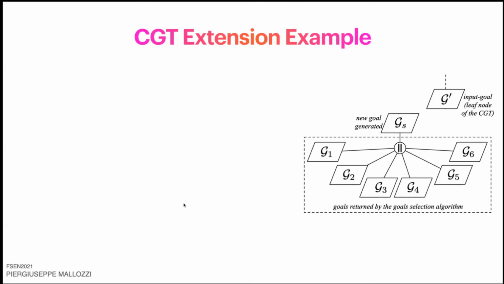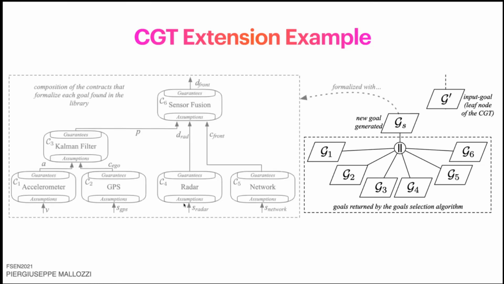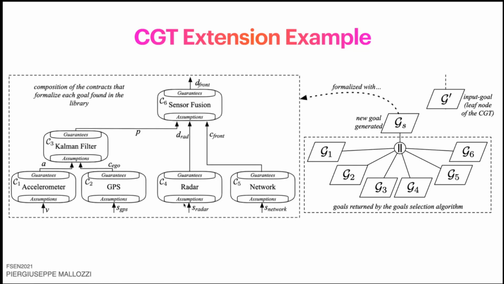If you look inside the goals, you can see that this is formalized by contracts, where each contract defines the boundaries of a system component, and these are connected together via composition. Here you can see that the guarantees of this contract discharge the assumptions of this other contract, and so on.